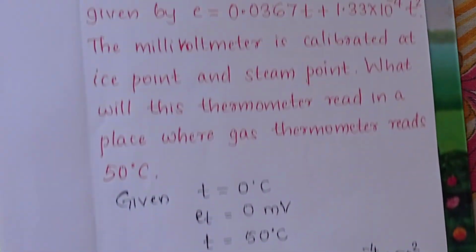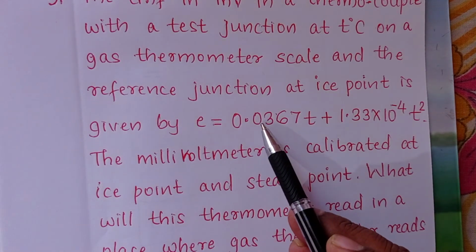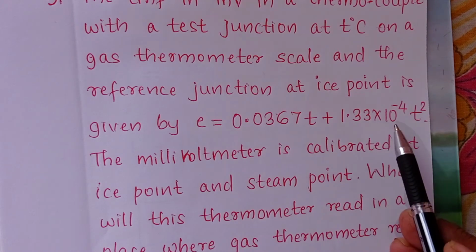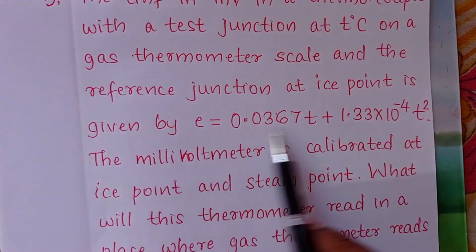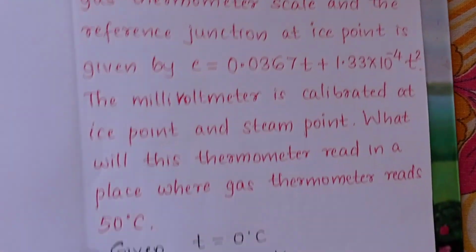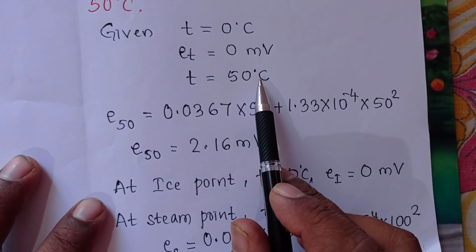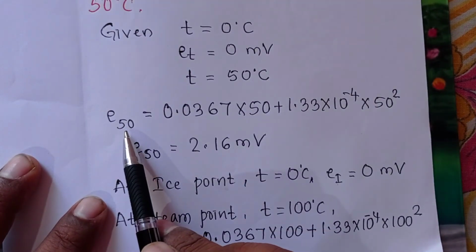I will repeat once again. The governing equation is given in the problem, that is E is equal to 0.0367 t plus 1.33 into 10 to the power minus 4 t square. In the first case he has given the value of t as 50. So when t is given as 50, let us find out the value of E at 50.